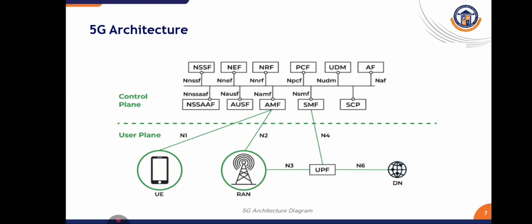So both the control plane and user plane are connected with these core network functions. By this, we can achieve control plane and user plane separation. The service-based architecture in the control plane supports network slicing, and it is flexible and cloud-native in design, and it enables low latency, high throughput and scalability.